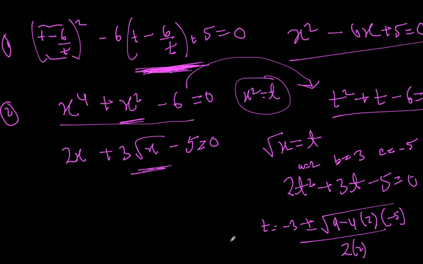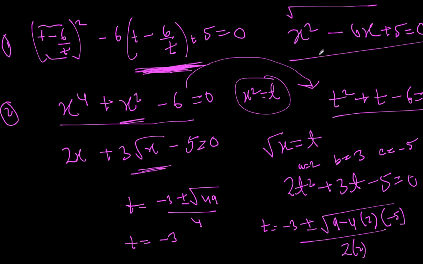If you solve this, your t will be minus 3 plus minus under root. Here you will get 9, minus 4 times 2 is minus 8, and minus 8 times minus 5 is plus 40. So you will get 49 over 4. If you try to simplify, you will get minus 3 and the 49.